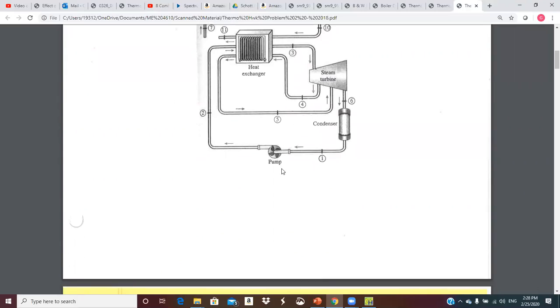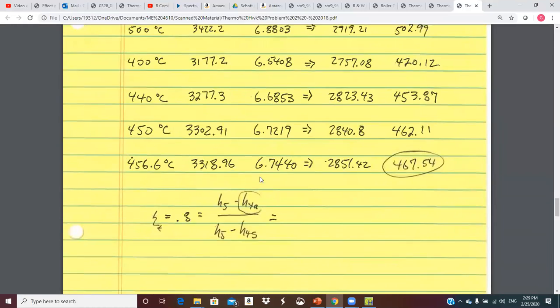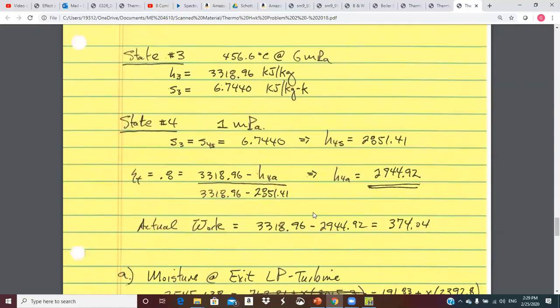I'm sure there are other ways to cast it, but that's certainly one way. And then once you have that, you can find state 4, because this would be the isentropic expansion, and then you find the actual. And so then it just kind of falls apart.